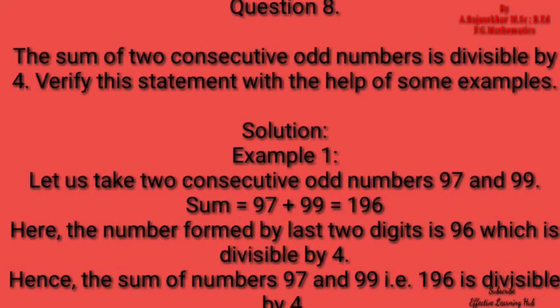The number formed by the last two digits is 96, which is divisible by 4. Hence the sum of the numbers 97 and 99, so 196, is divisible by 4. So the sum of two consecutive odd numbers is divisible by 4.